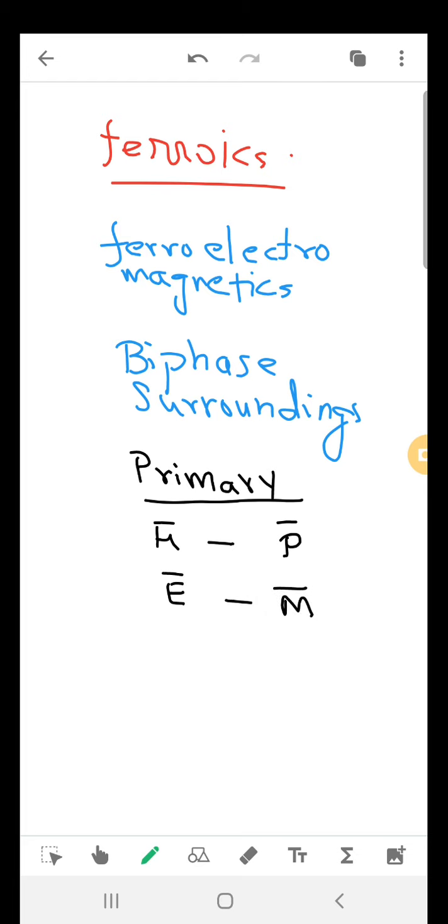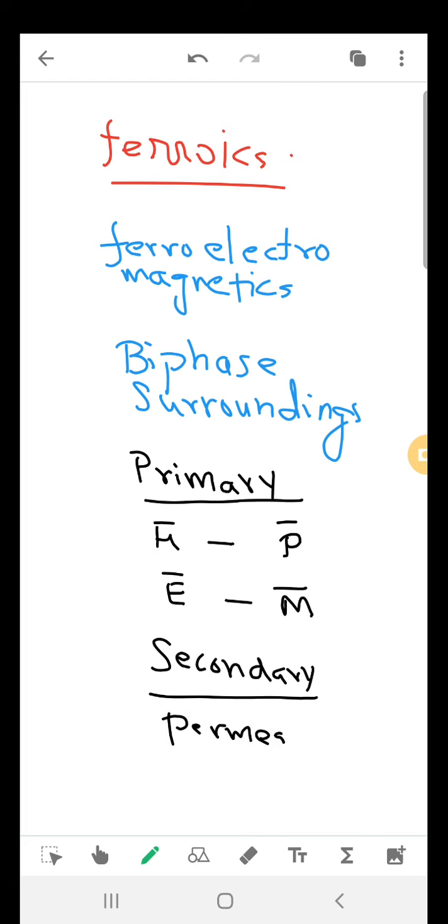This is the primary one. Whereas in the secondary type of magnetoelectric materials, there is a slight change in permeability and permittivity.